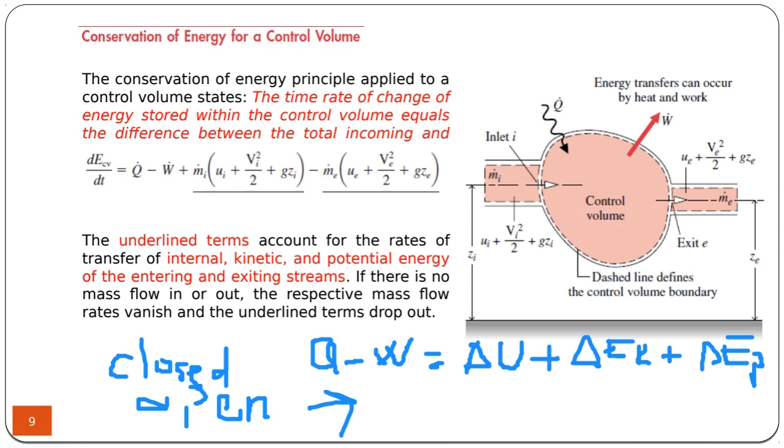So energy carried into the system is m dot times the internal energy of the inlet incoming fluid, plus the kinetic energy of the incoming fluid, plus the potential energy of the incoming fluid, minus m dot exit times the exiting total energy, internal plus kinetic plus potential, and of course, as in the case of closed systems, we may have interactions of Q and W. So these things are additional because of the mass flow rate.